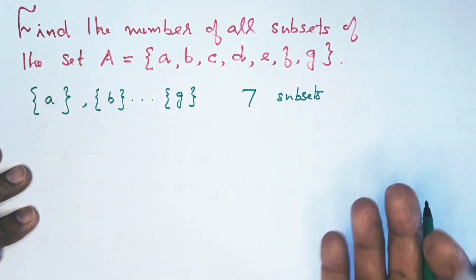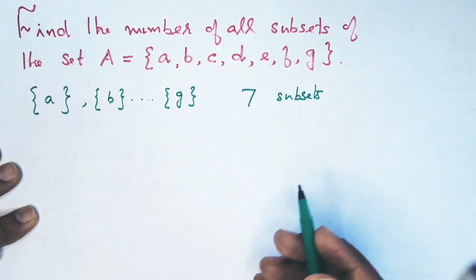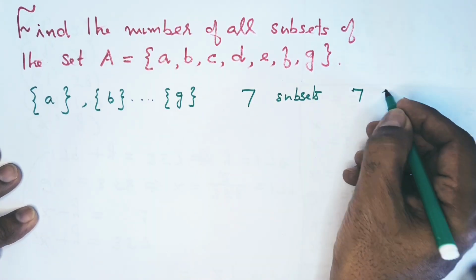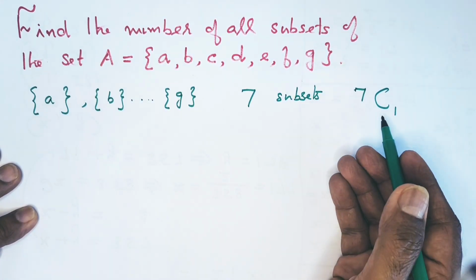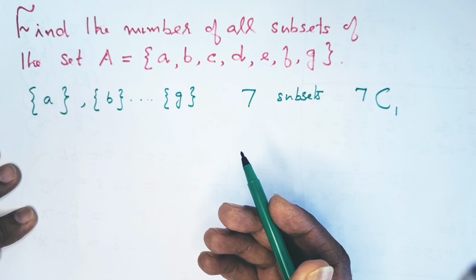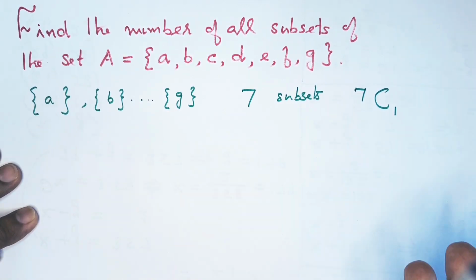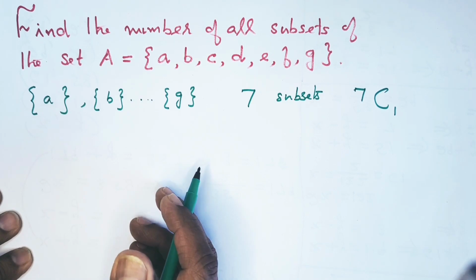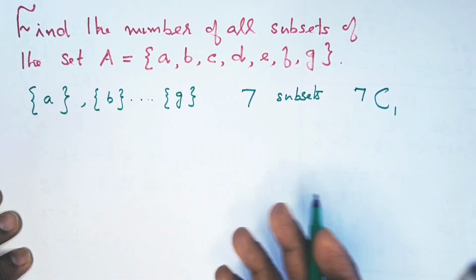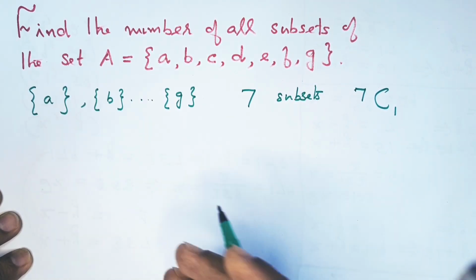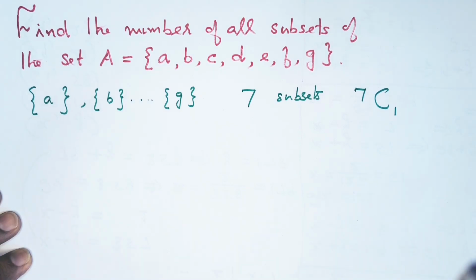So the number of subsets with just one element is actually 7C1, which is nothing but choosing one element out of 7 elements, which you can do in 7 different ways. By the way, some basic ideas from permutation and combination are presupposed when discussing the solution. I hope you're familiar with those ideas. I will be using them here.